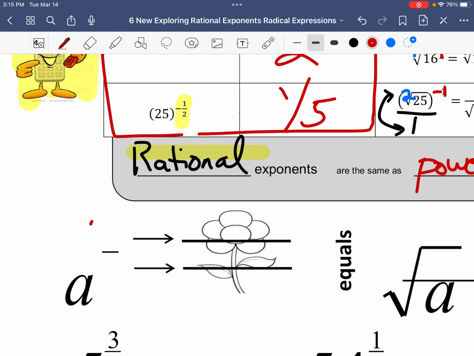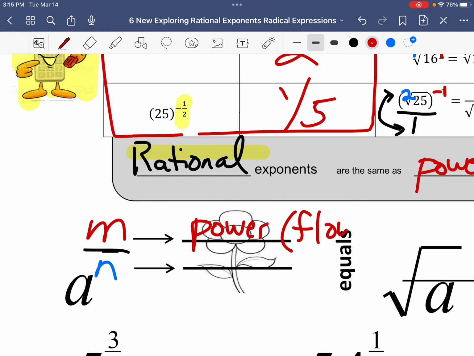If I have a to the m over n power, so I have a rational exponent. M is the power, which kind of rhymes with flower. Well, it does rhyme, but it also makes you think of a flower.